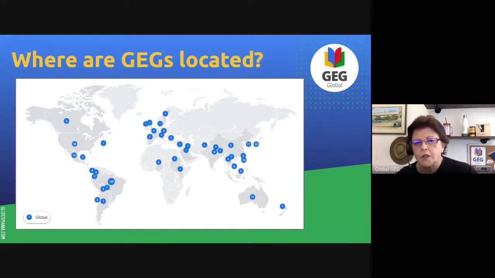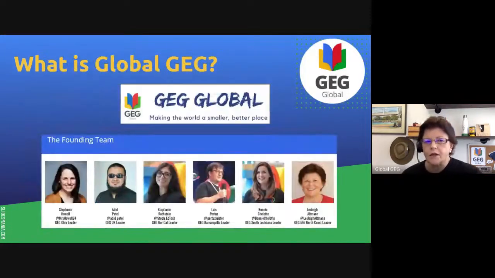So if you go to the next slide, and then so Global GEG, we are innovators, the six of us are innovators from 2019, and we kept in touch all the way through the 2019 time as we became innovators in Sydney and London and New York and Singapore, and we kept coming back together, and we ended up forming a group.